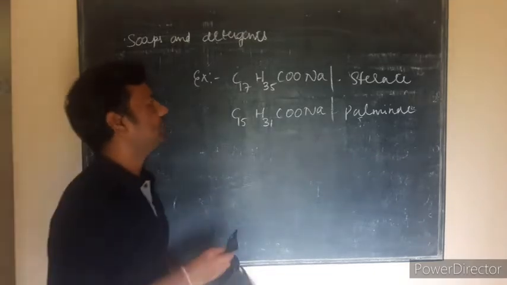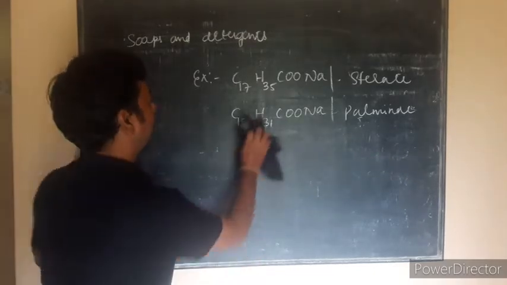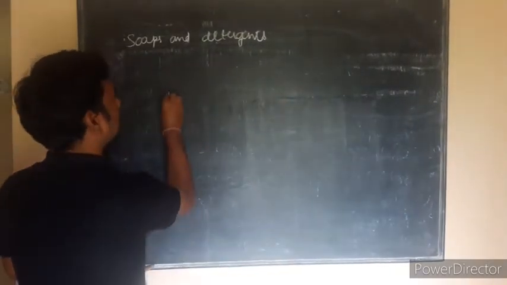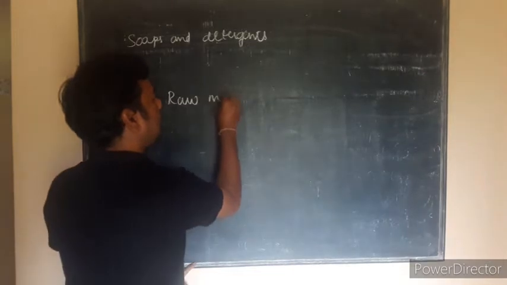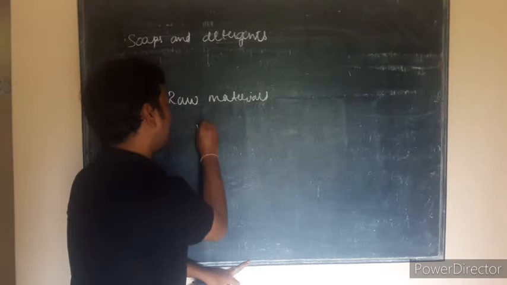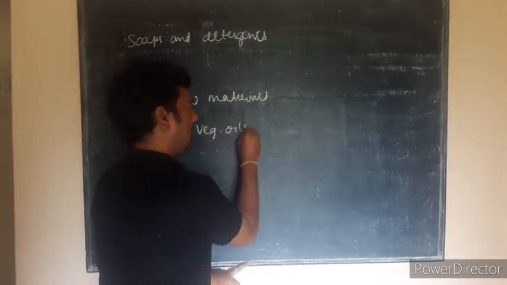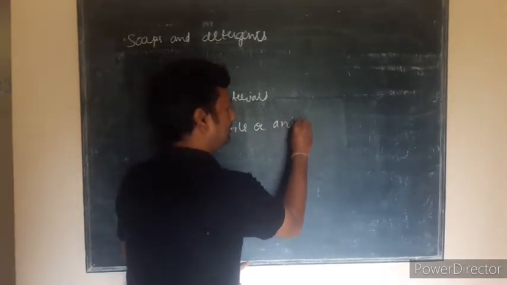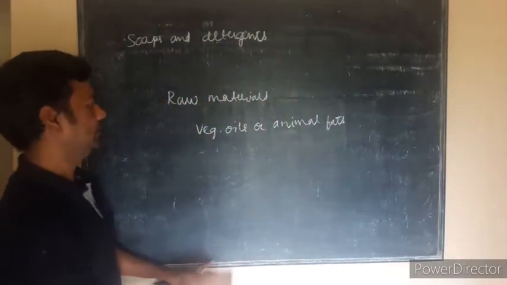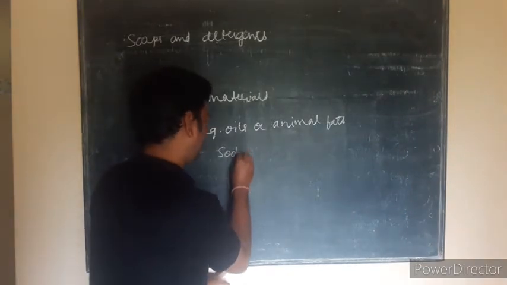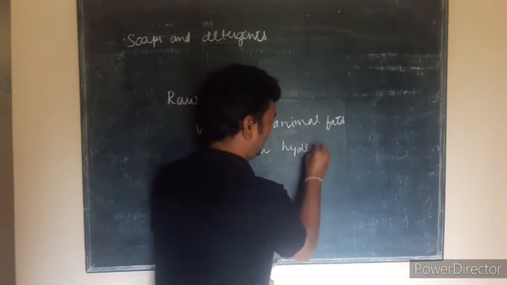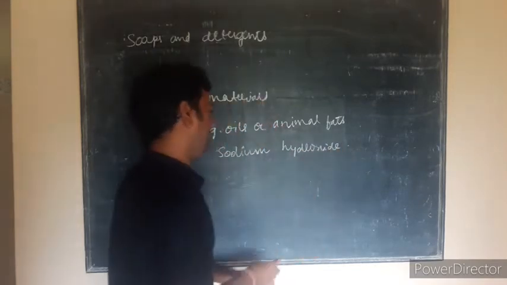So the raw materials required for soaps are vegetable oils or animal fats, then you require sodium hydroxide, and a pinch of salt.